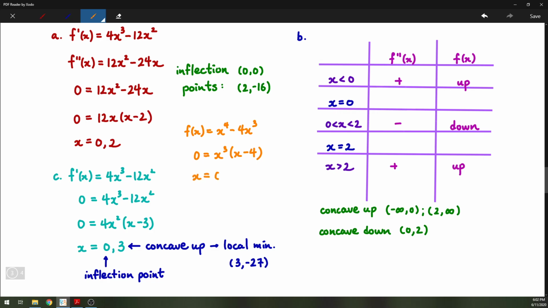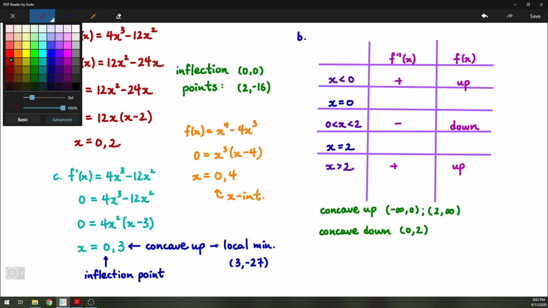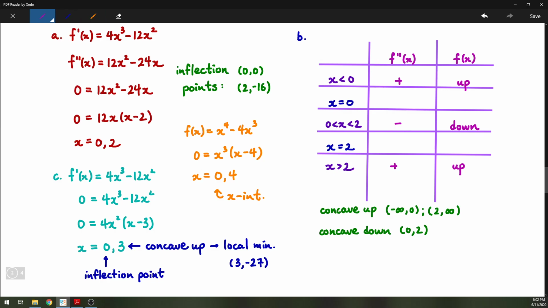So x is equal to 0 or 4, of course, and these are the x-intercepts. Okay. So now we have inflection points, we have the local minimum, and we have the x-intercepts. So all this information, that is to say inflection points 1, 2, and then of course the x-intercepts, there's 2 of those, and a local minimum.